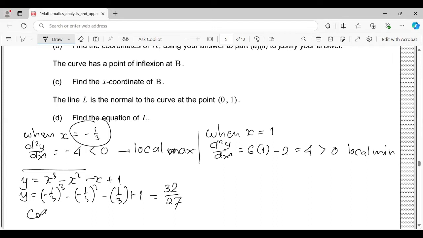So coordinate point A is minus 1/3, comma, 32 over 27.